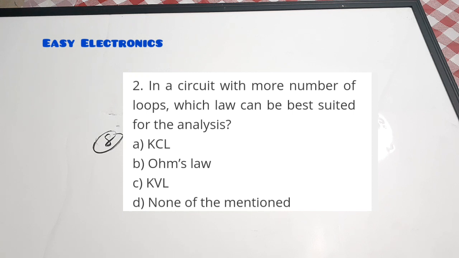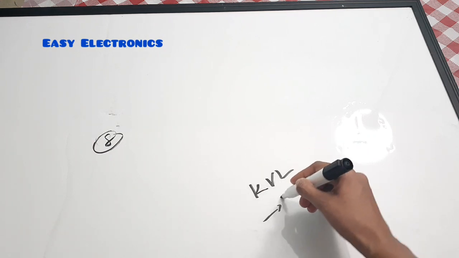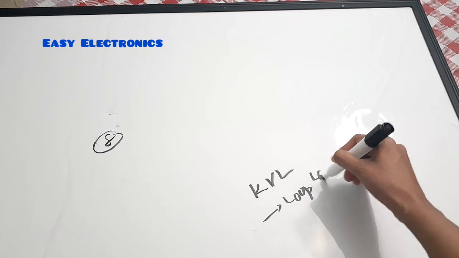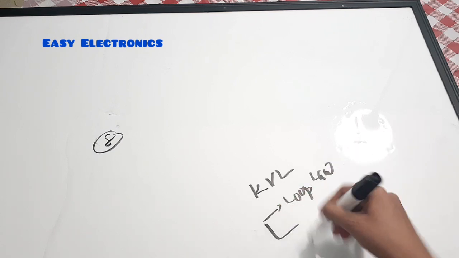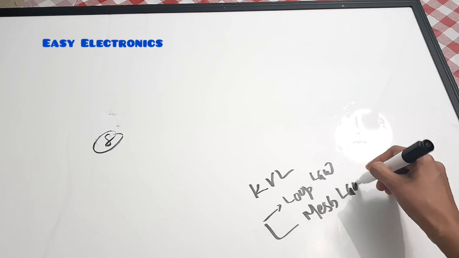Okay, so there are two types of Kirchhoff laws mainly, Kirchhoff voltage law and Kirchhoff current law. Kirchhoff voltage law or KVL is also called loop law. Sometimes we call it loop law and also mesh law or mesh analysis.